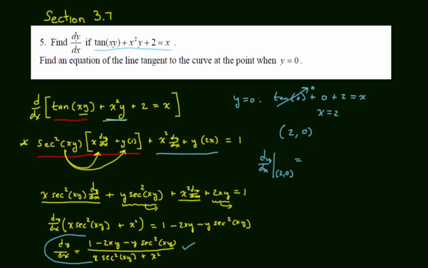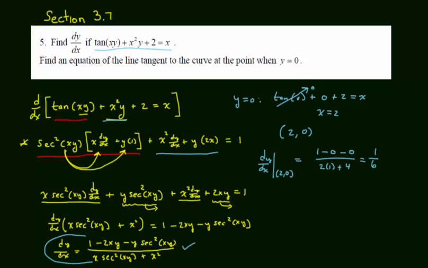And if you do all that, it comes out to be 1 minus 0 minus 0 over, let's see, 2 times 1 plus 4. So the slope comes out to be 1/6.